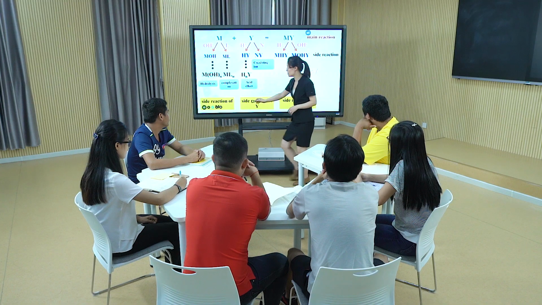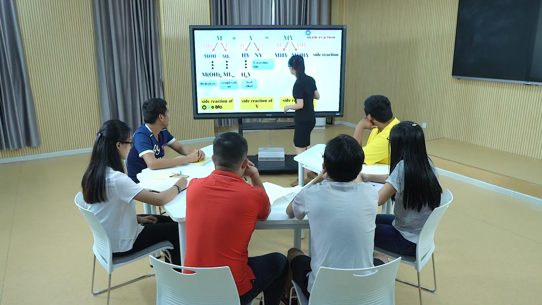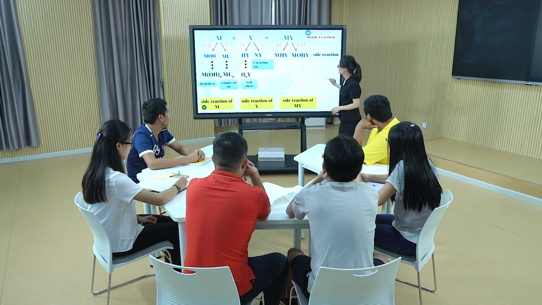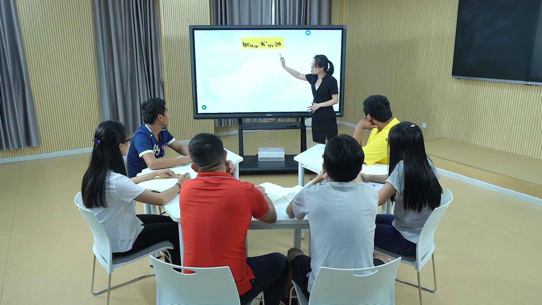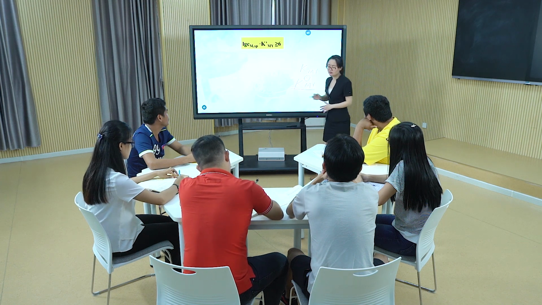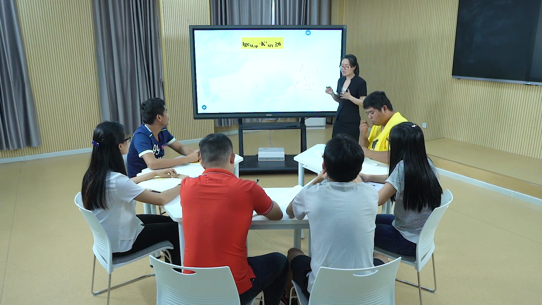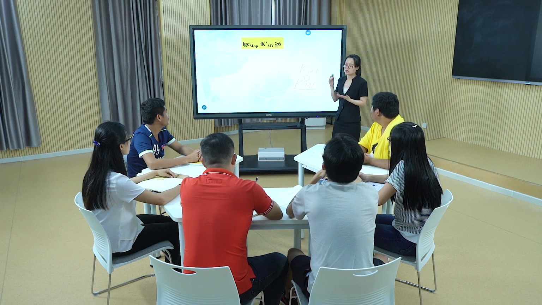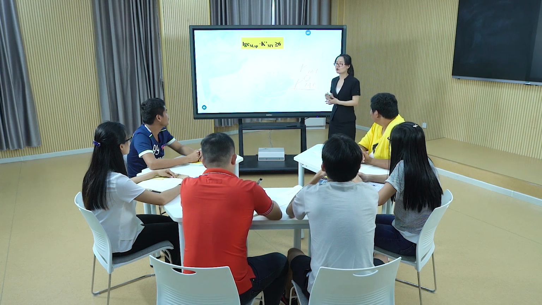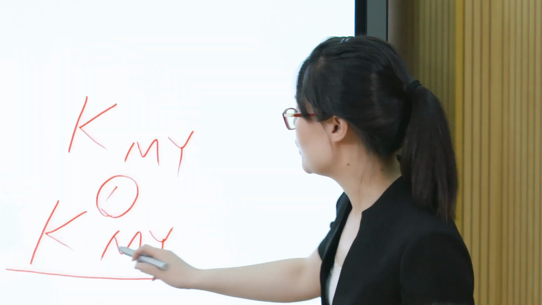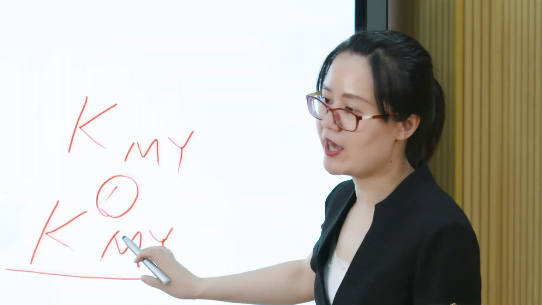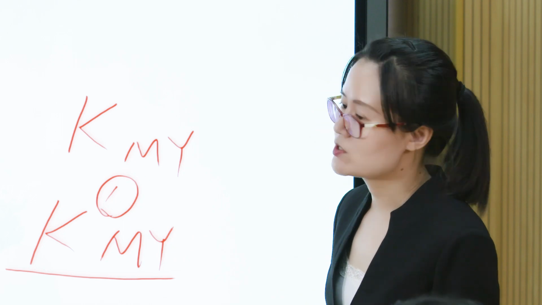For this conditional formation constant, we have an equation. Based on this, we can know whether this titration can be directly and accurately titrated. So that's why we want to know this K_MY prime.